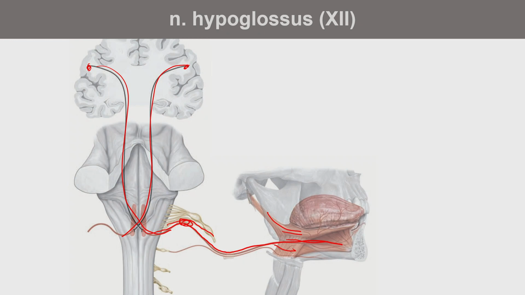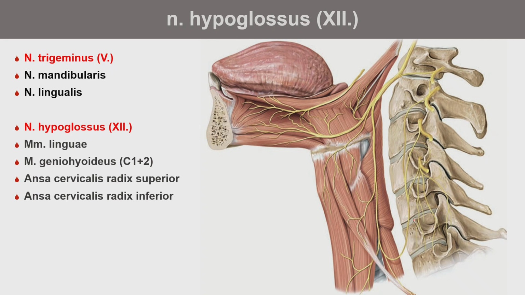So those muscles are inner muscles of the tongue, so transversus, verticalis, or longitudinal, and those which are moving the tongue, typically here, genioglossus.